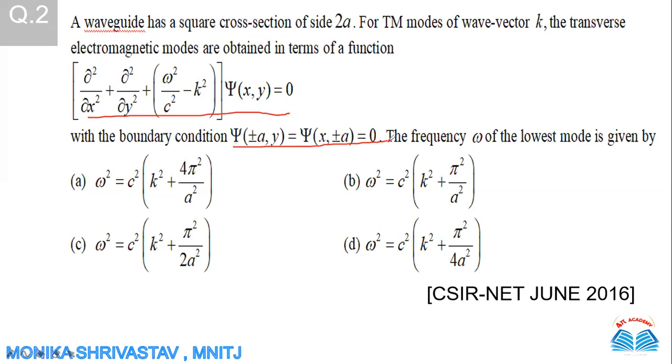The frequency omega of the lowest mode is given by... you can see here the values of X and Y, they are already giving, that is A. So obviously we will put our values for X and Y as A. Now we have to calculate omega here. We have to calculate the frequency for the lowest mode only. And this question is from NET June 2016.